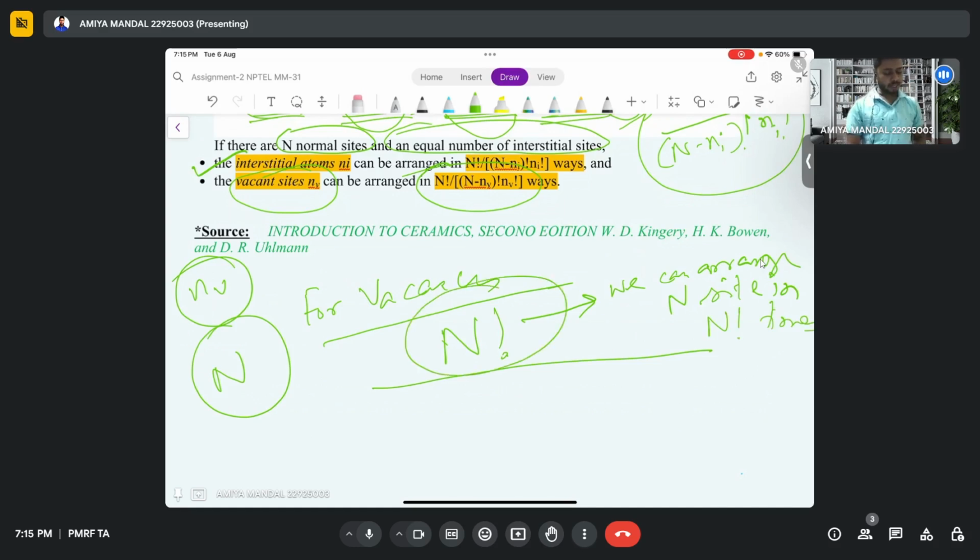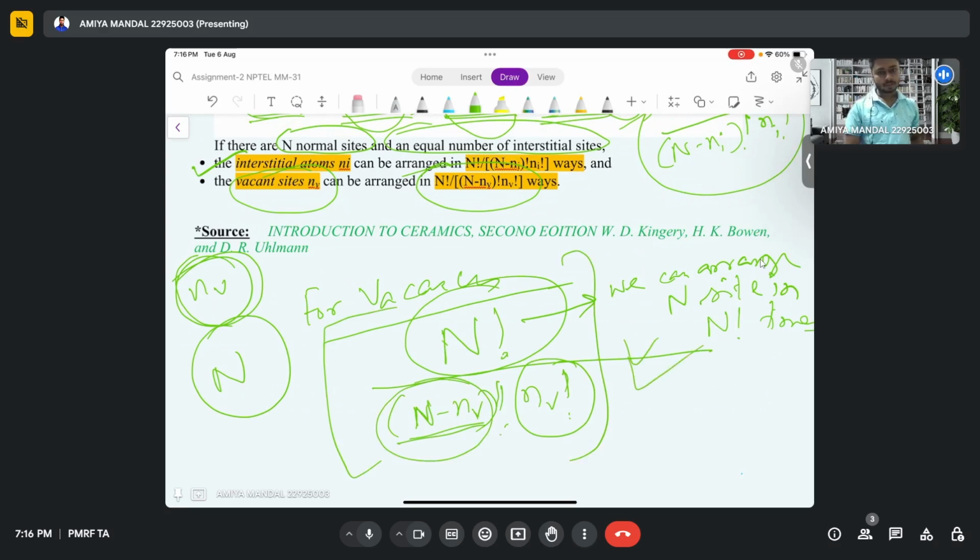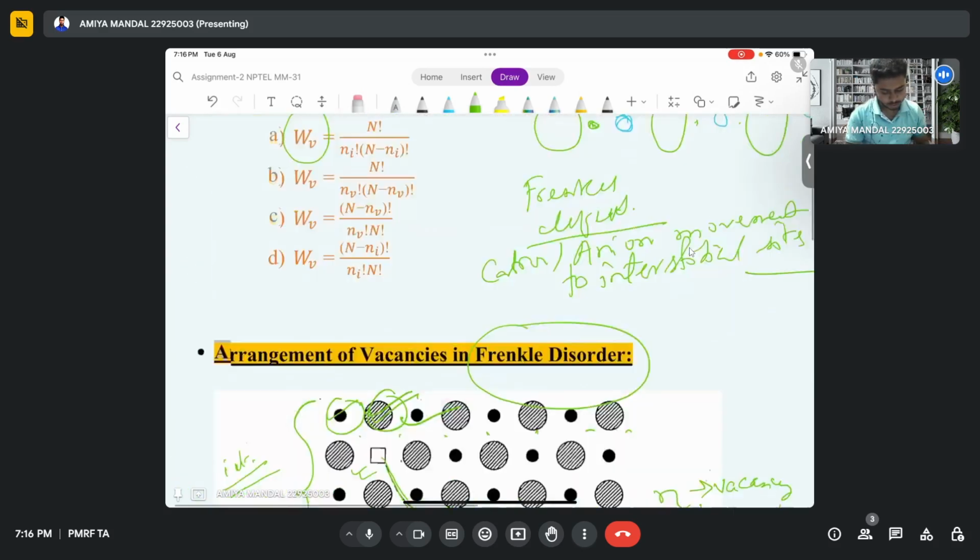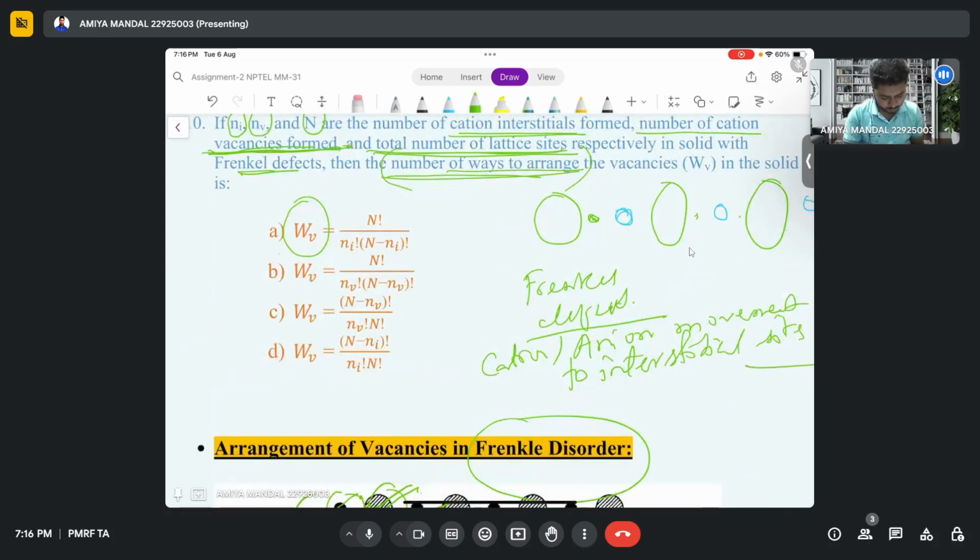And for each of these, the voids can be arranged by (N minus nv) factorial and nv factorial. So in result, what will be the answer? The answer will be N factorial divided by this. Answer B will be correct for this.